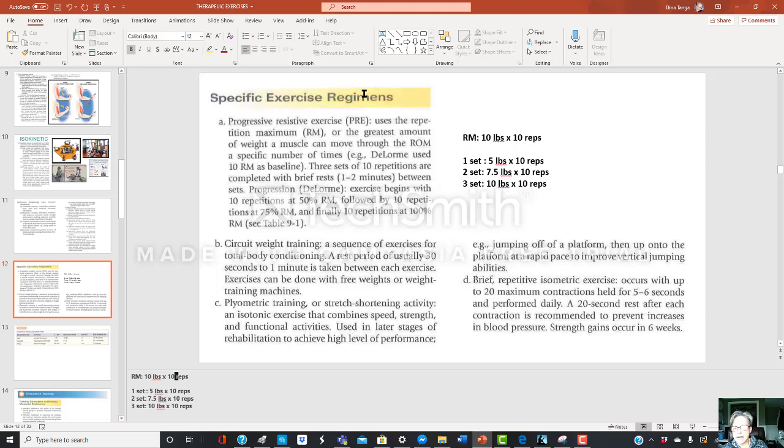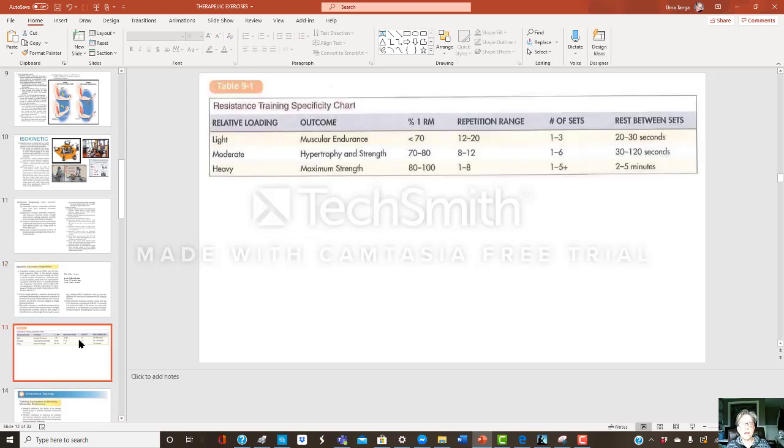So what is an example of a brief, repetitive, isometric exercise? 20 maximum contractions held 5 to 6 seconds and performed daily. I would say that's probably a quad set or a glute set. Yes? Okay.